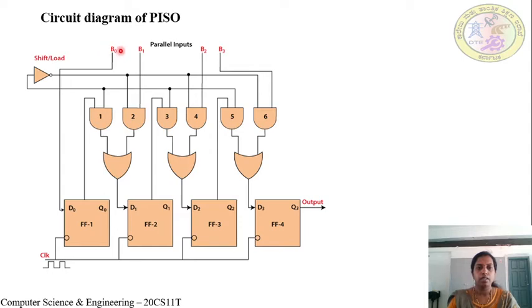Here the parallel input can be given as B0, B1, B2 and B3 to the corresponding flip-flops, and the input can be given in 2 different modes, load mode and shift mode, and a common clock is applied.